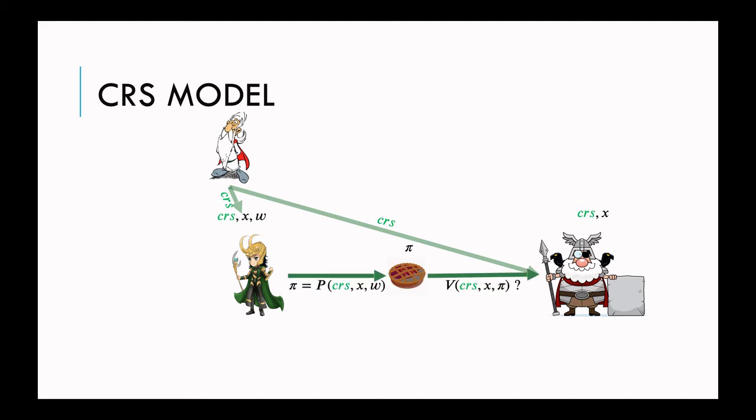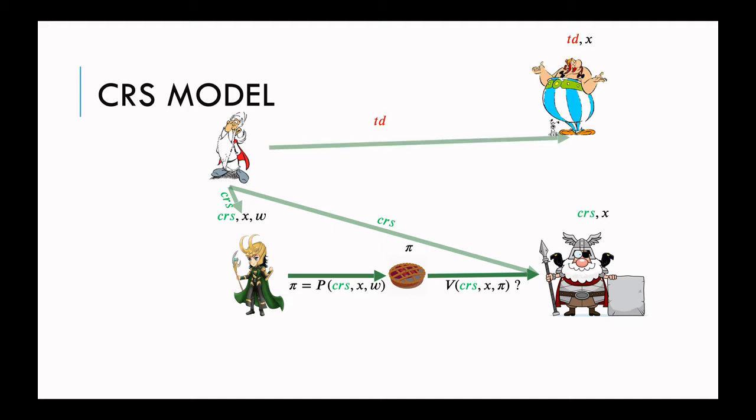Prover and verifier act as previously, except they take this CRS as a part of their inputs. And then the simulator is given access to the trapdoor, the secret key, and the simulator uses this extra knowledge to simulate the argument.